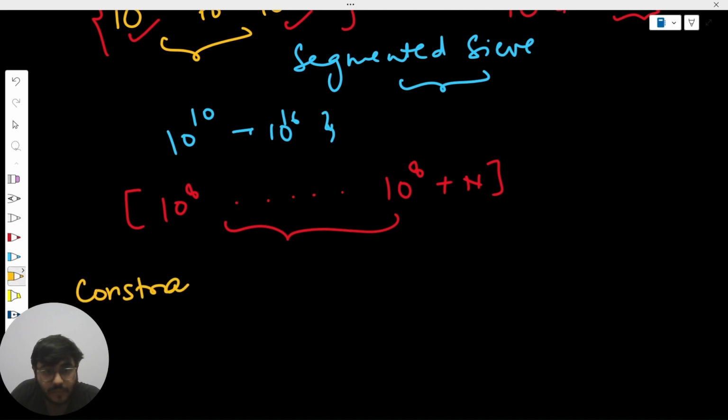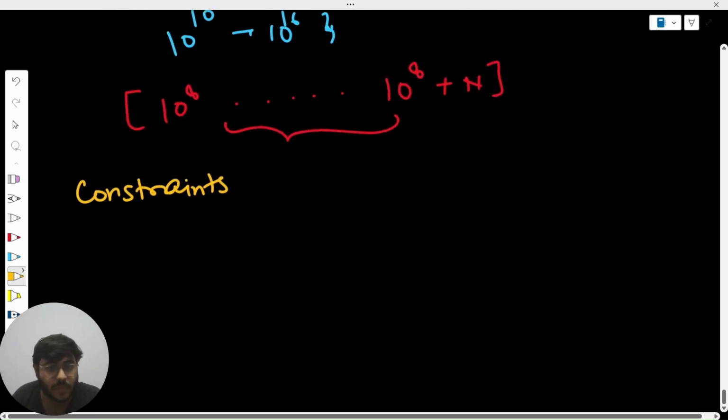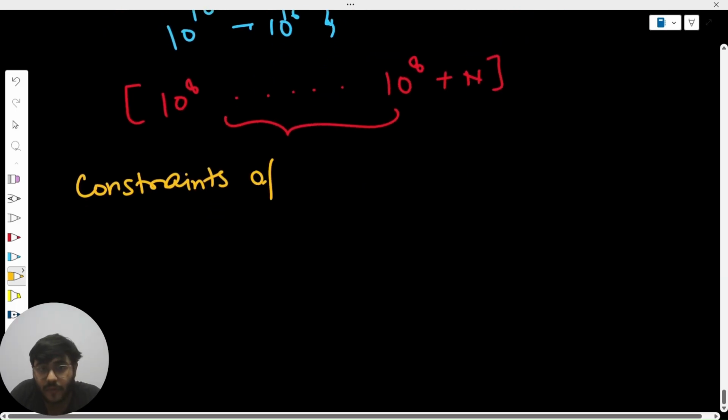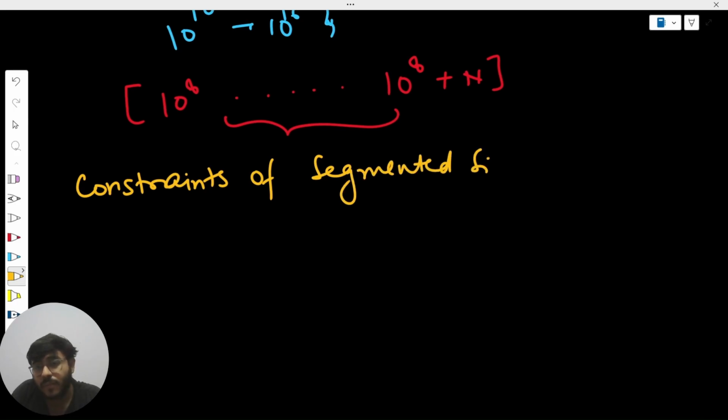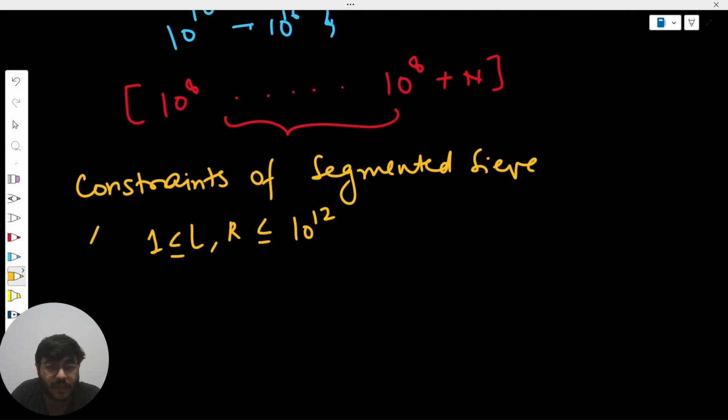Constraints of segmented sieve. Segmented sieve is very powerful, as it helps us deal with bigger numbers, but it has a very basic limitation. The first thing is, whatever the values of L and R that you have, they cannot go beyond 10 to the power of 12. This is the first condition: your R, the ending range, cannot go beyond 10 to the power of 12.